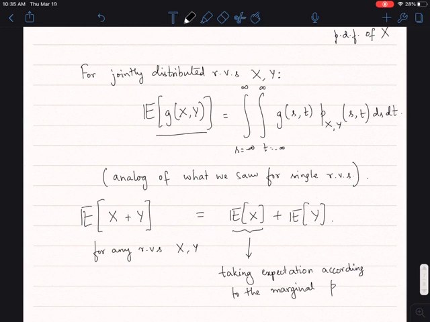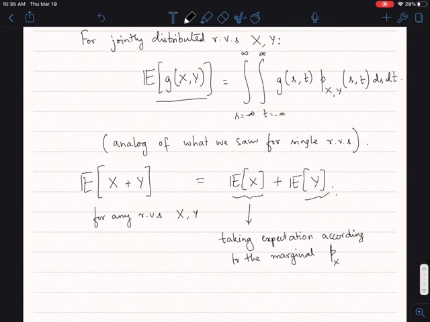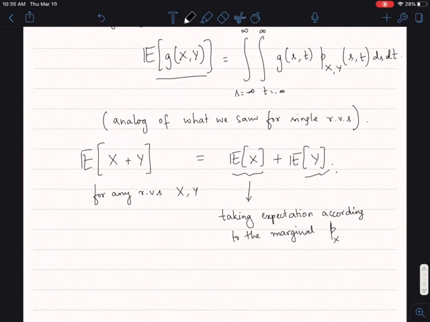Remember, the marginal is just what we defined like this, p_x, and this just means the marginal for y. So that's what we have out here. And this is a very powerful theorem. This is called the linearity of expectation.